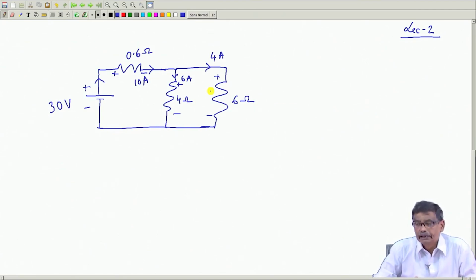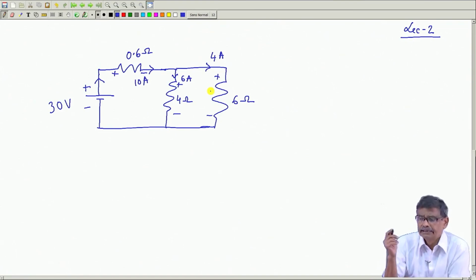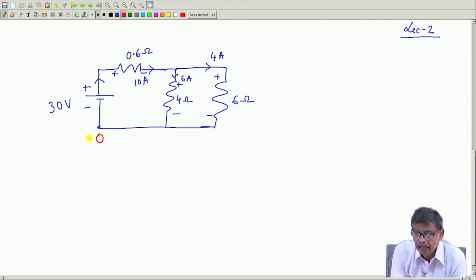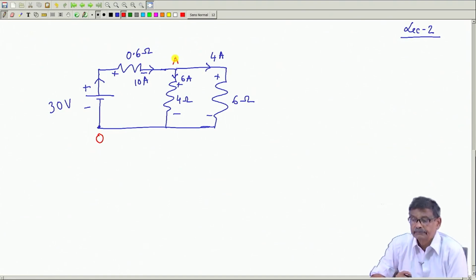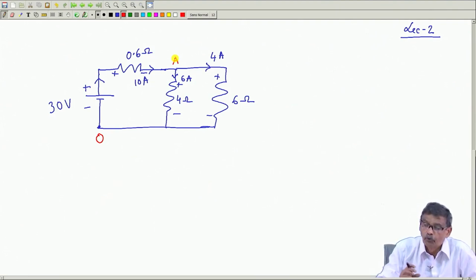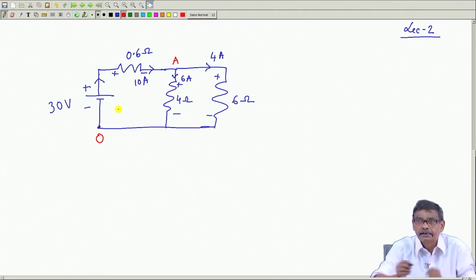We say that potential difference exists between 2 points. For example, I say that this point, let me call this O, and this point is say A. Now, the next question is, if I connect a voltmeter across AO, between O and A, if I connect an ideal voltmeter, what will be its reading?